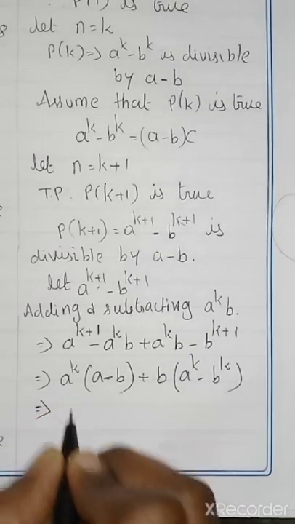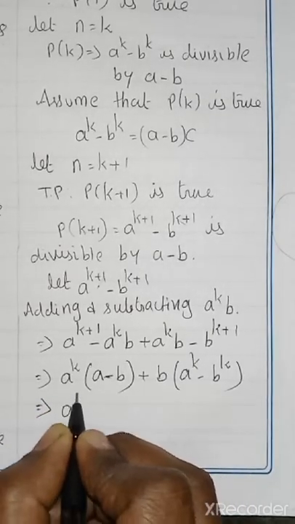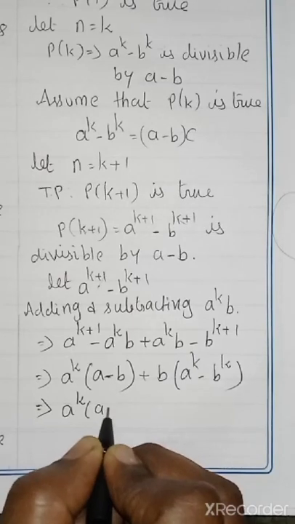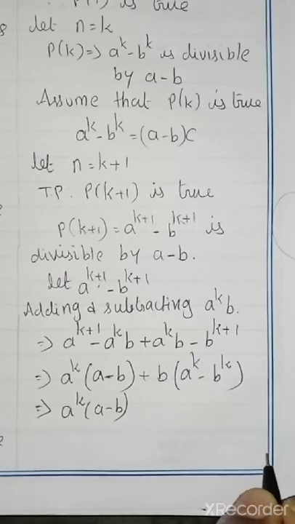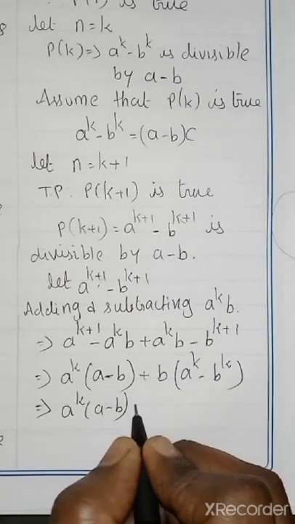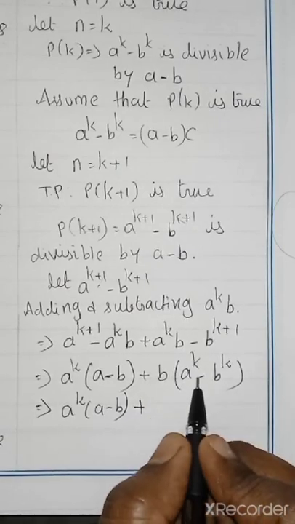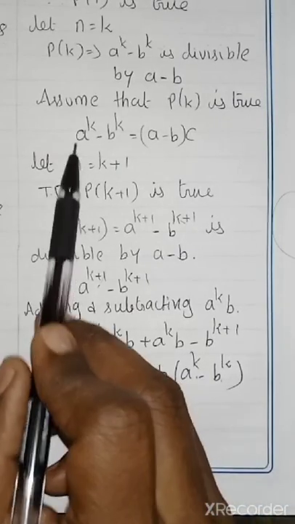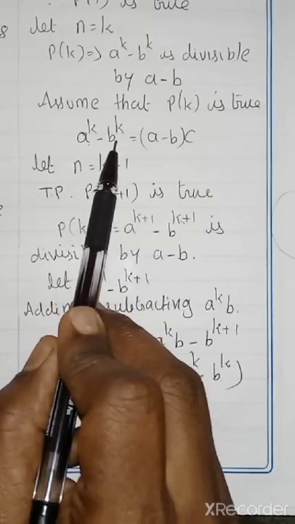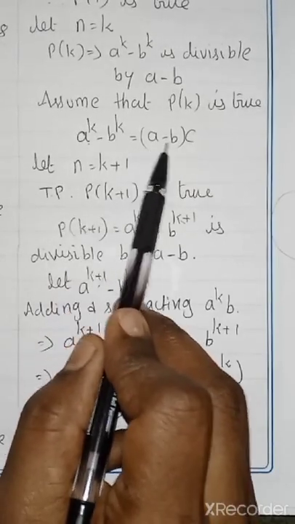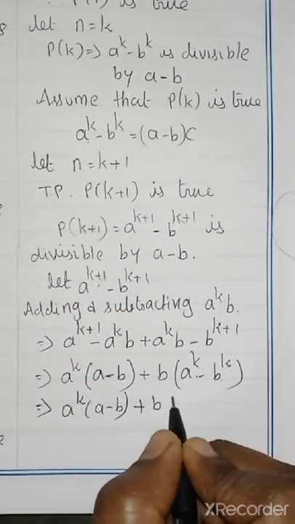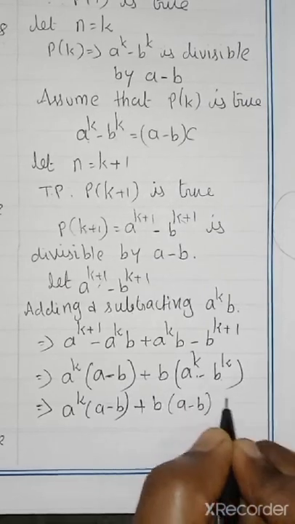So after this, what can we do here? We can write this as a power k into a minus b. Correct? And plus, instead of a power k minus b power k, what can we write? A minus b into c. So b into a minus b into c.